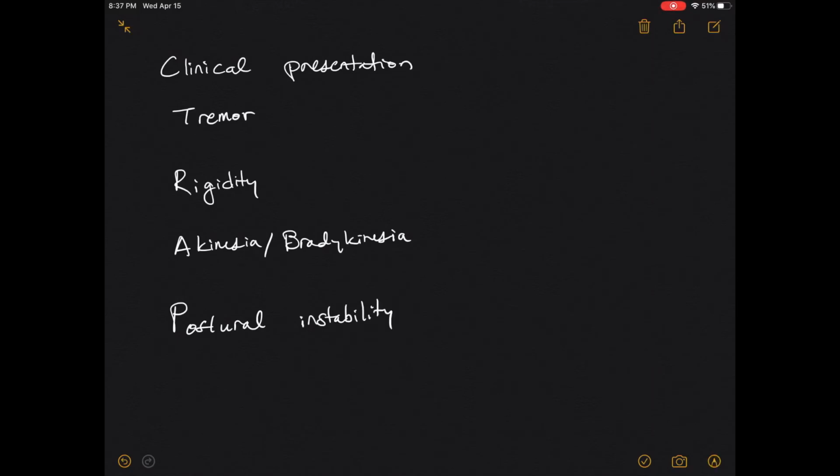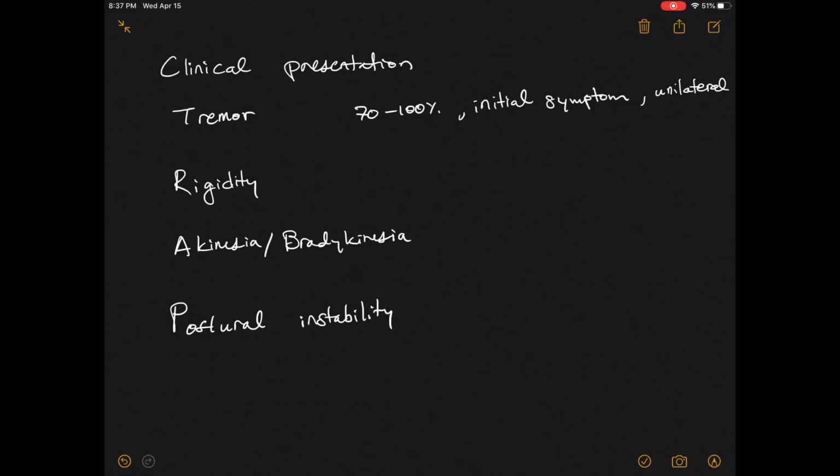If I go into more detail about these symptoms, around 70 to 100% experience tremor, and it is usually the initial symptom as well. It starts unilaterally, which means it begins on one side of the body.